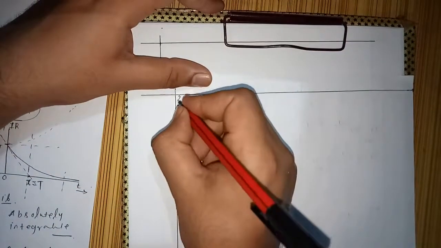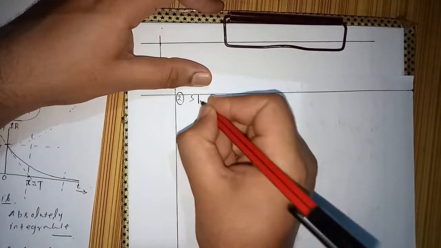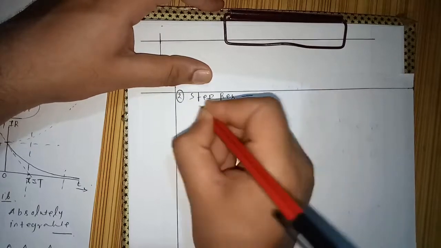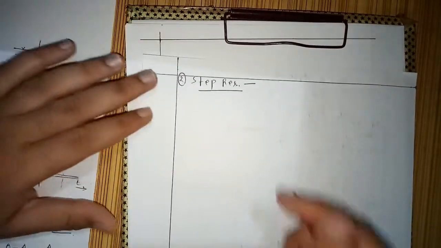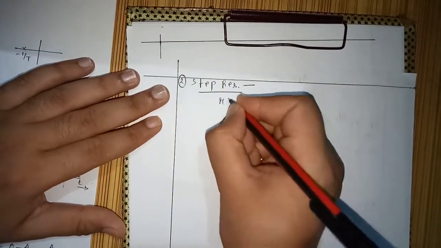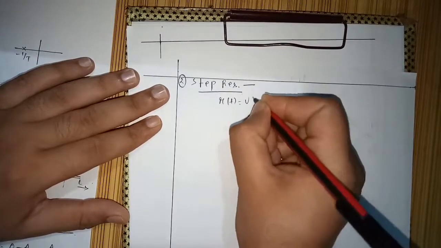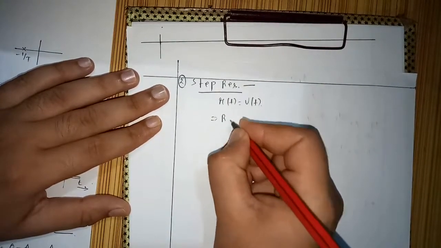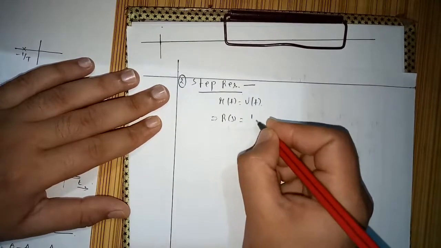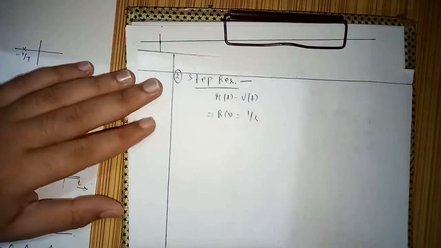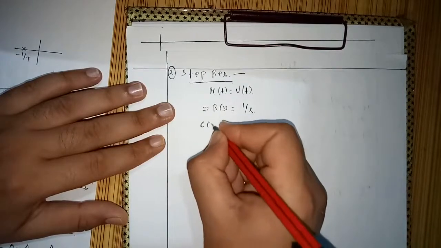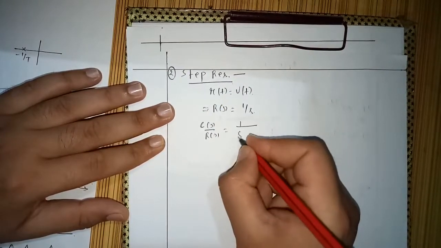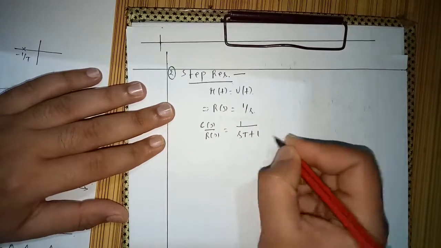Second, we will see step response, right? So input is r(t) we define as u(t), and if I take Laplace of this, it will come out to be R(s) is equal to 1 by s. Now we have the standard transfer function C(s) by R(s) is equal to 1 by sT plus 1, right?